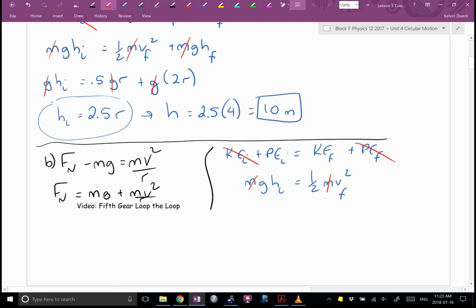I'm not going to get the V by itself. If I'm really clever, what should I get by itself? Okay, so I get this. V final squared equals 2gh initial. How else can I be clever? Can anybody see it?